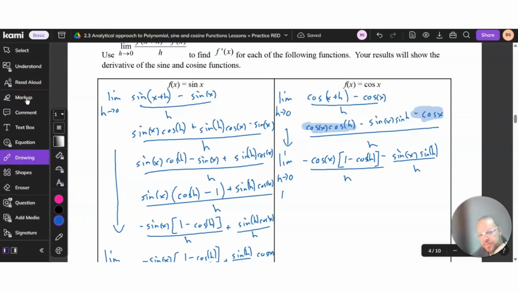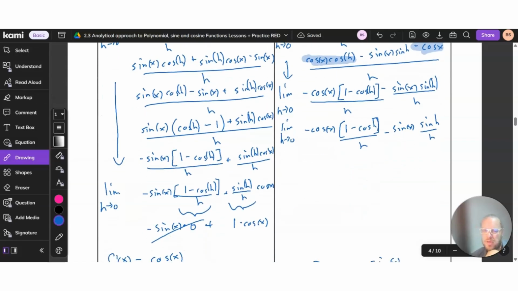So that would be the limit as h approaches 0 of negative cos x times 1 minus cosine of h over h, minus sine x, technically over 1, times sine h over h. And remember, we can rewrite these as separate limits if we want to. It's like the limit of negative cos x times the limit as h approaches 0 of 1 minus cos h over h, minus the limit of sine x times the limit as h approaches 0 of sine h over h, right?